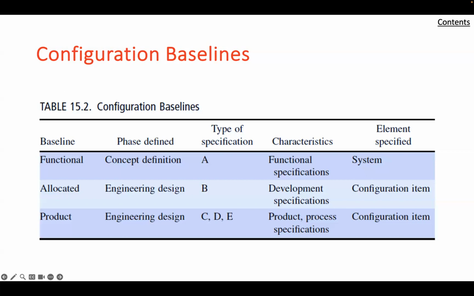The resulting development specifications define the performance specifications for each configuration item, as well as the technical approaches developed to satisfy the specified objective. The product baseline is established during the engineering design phase in terms of detailed design specifications. It consists of product, process, and material specifications and engineering drawings.